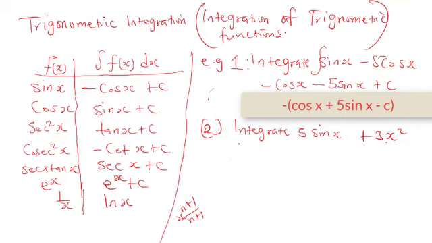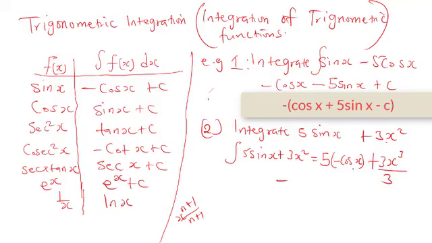When you integrate 5 sin x plus 3x squared, we have our 5 that remains unchanged. Sin x, if you integrate sin x, what will you have? Minus cos x. Now let's apply this rule. The value of our n here is 2, because it's the power of x. So it's now 3x to the 2 plus 1, which is 3, all over 2 plus 1, which is 3.